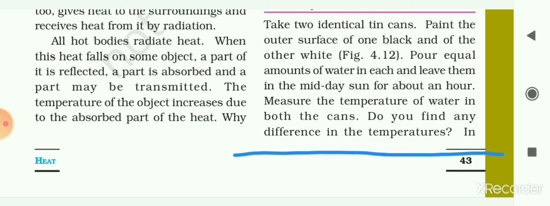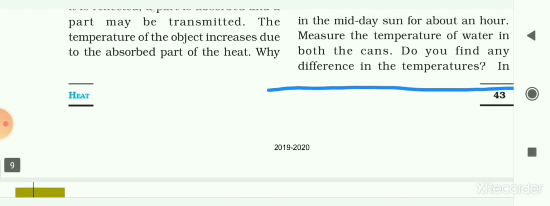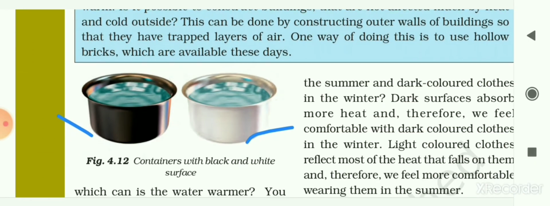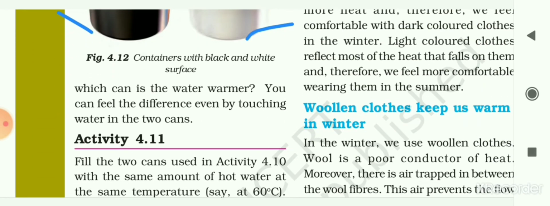You have to pour an equal amount of water in both the cans, and then leave the two containers in the midday sun, that means in the afternoon time about 2 to 3 o'clock, for about an hour, and then measure the temperature of water in both of the cans. Now do you find any difference in the temperature? And in which can is the water warmer?